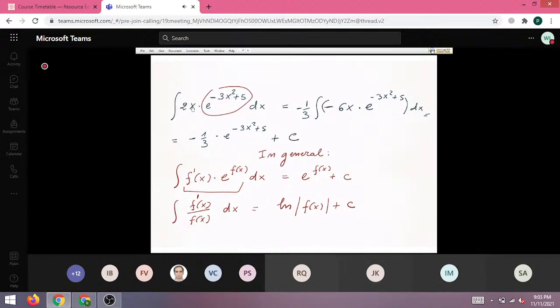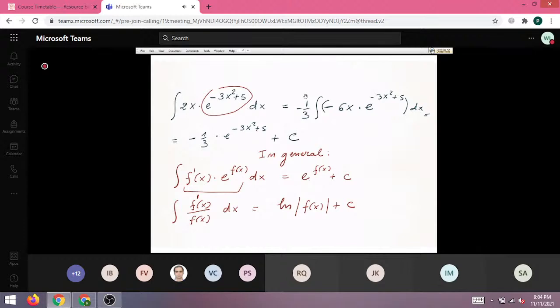Here we have 2x, but the important thing is that we have x here, and you can adjust this factor by working with a multiplicative constant. So we can take -6x here. To do that, we multiply this by -3. We also have to divide by -3.